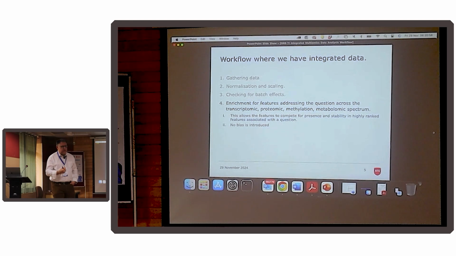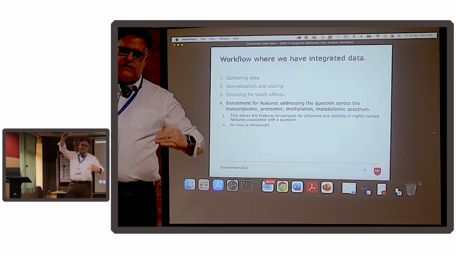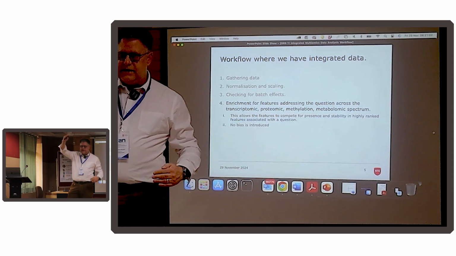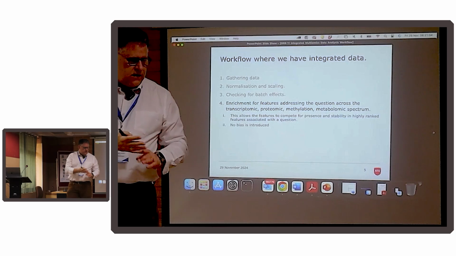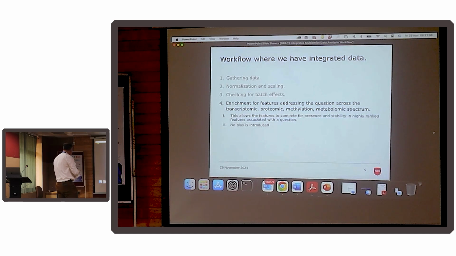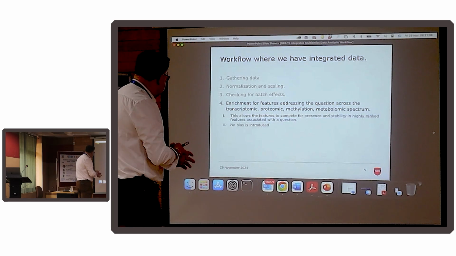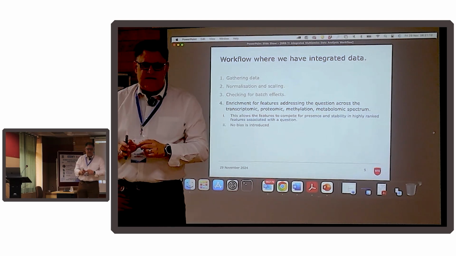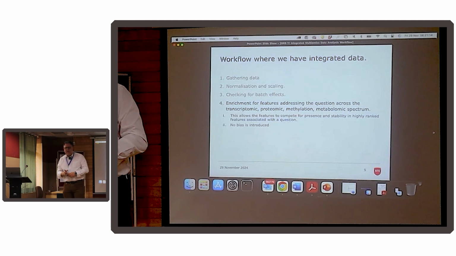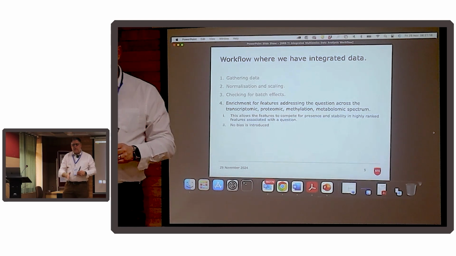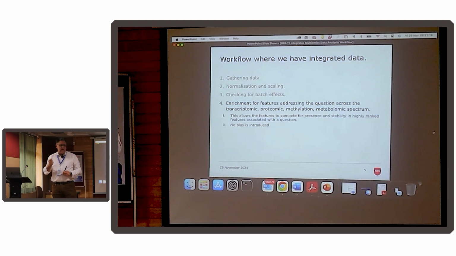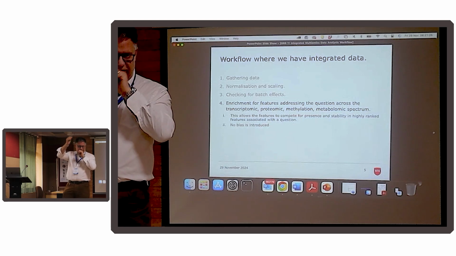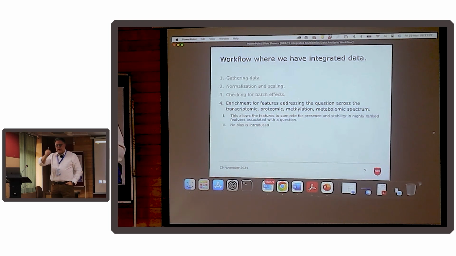If we've got the same pool of data, we can create a meta table, a meta data set, which has copy number variation, methylation, proteomic data, transcriptomic data, even metabolite data. And what we can do is mine that whole meta set, and as long as we know where the feature has come from, which pool, we can then say, right, well, this is the combination of best features that are stable that predict this thing.